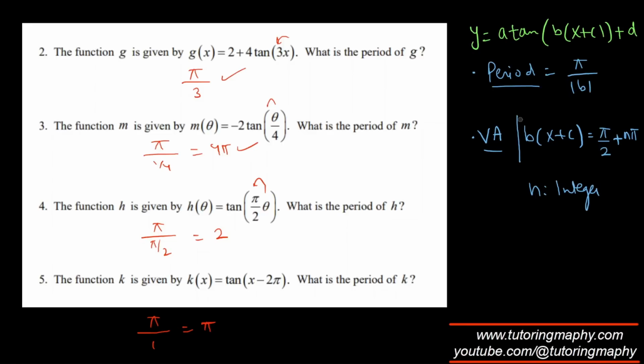So this is the generalized way of finding a vertical asymptote. All you have to do is obviously isolate x from here with a little algebra, moving things here and there. But this is how you can find the generalized answer for all the VAs in a tangent function.